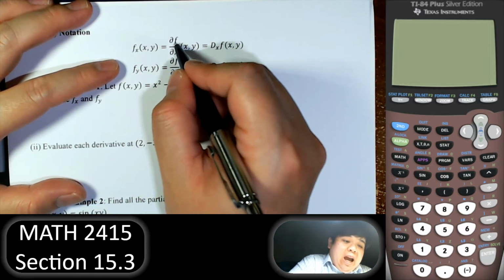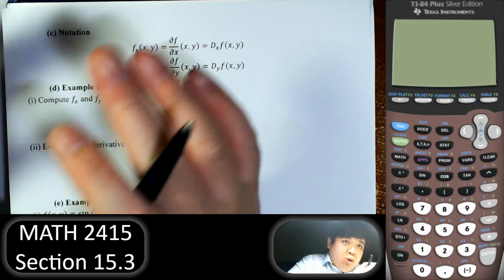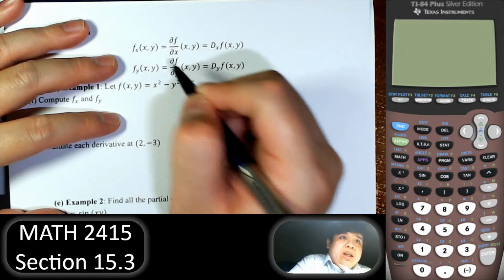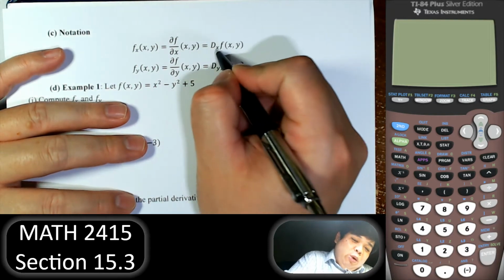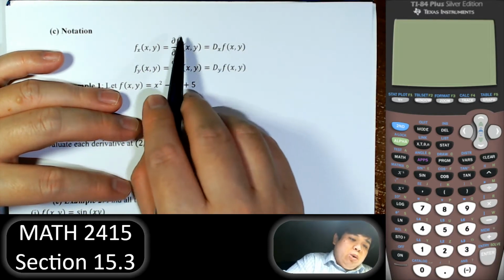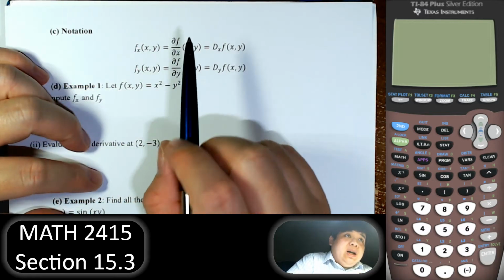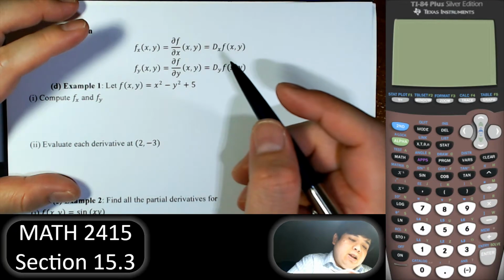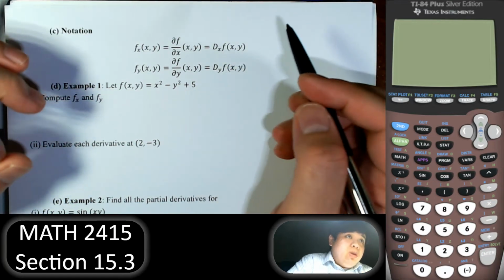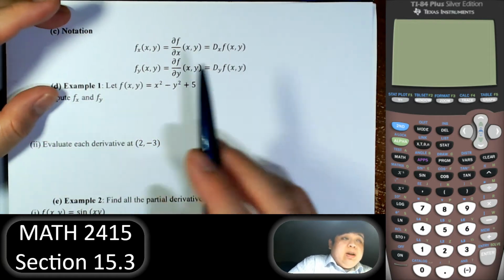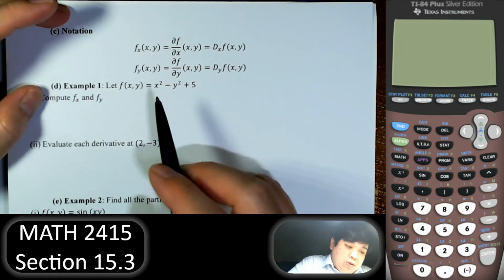The df over dx, that is the partial derivative. We're going to use that curly d. Or we can write it like this too. So either we use a subscript or we use that notation. We're going to use both of those. But when possible, we just use the subscript. Now, let's go to the examples.